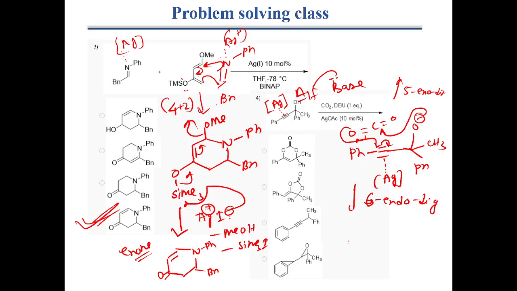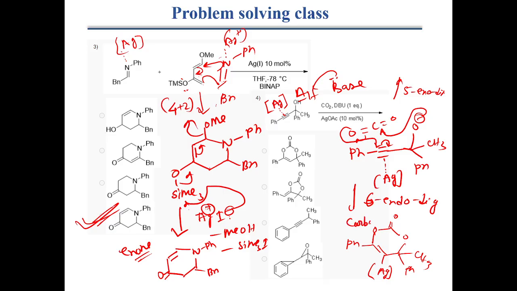It will form this one. This carbonate will form with silver. If it reacts in the 5-exo-dig manner, then which carbonate will form? This is the carbonate, CO3 minus.